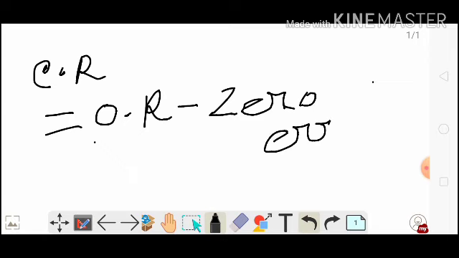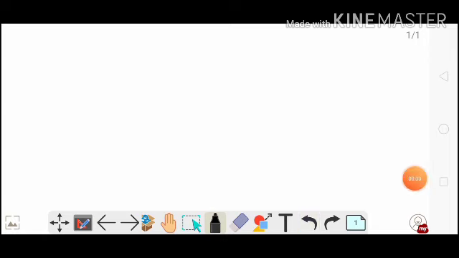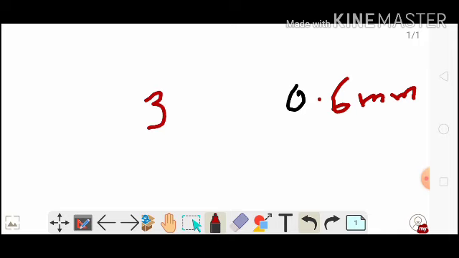Okay, now if we have positive zero error, so as far as I remember, our value of zero error was 0.6 millimeter, and the observed reading was 3.6 mm.